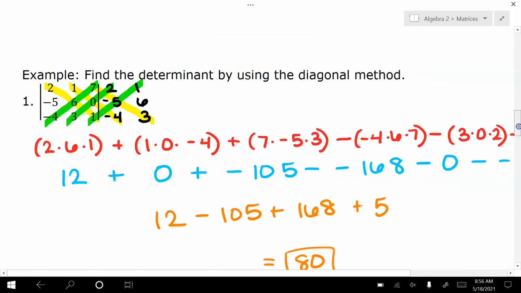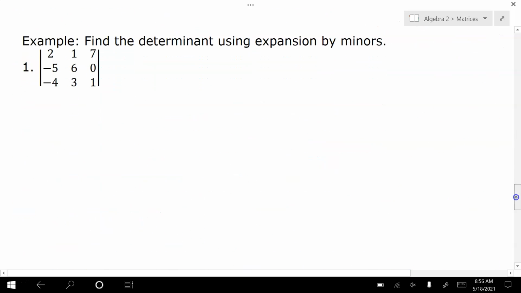Okay, so for this one, remember it goes A1, B1, C1 across the top, and then the middle would be A2, B2, C2, and so on. For that first one, you start with the A1 term that sits out front, so that's going to be a 2. Then we're doing a 2 by 2 determinant, and it's the B2, C2, B3, C3.